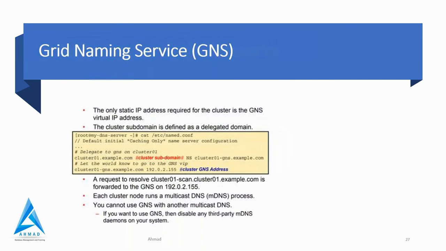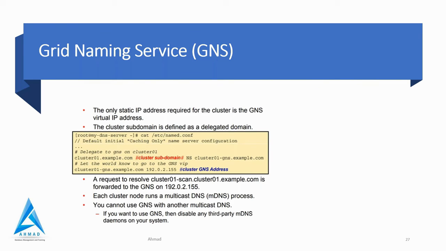Okay. Now Grid Naming Service, that is GNS. GNS basically assumes that there is a DHCP server running on the public network with enough addresses to assign the VIPs and scan VIPs.